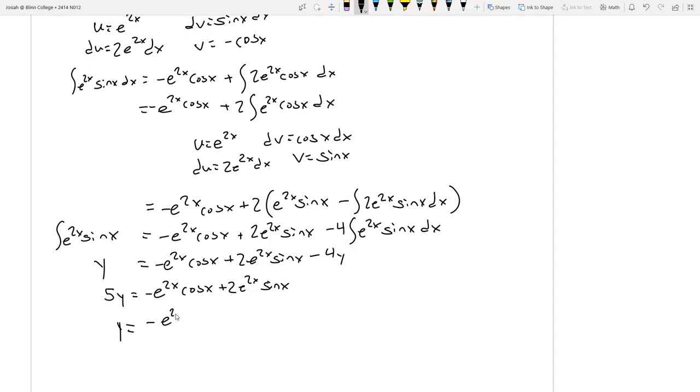So e to the 2x over 5 cosine of x plus 2/5 e to the 2x sine of x. I'll go ahead and swap the order. I like having the positive first. e to the 2x sine of x minus, let's call it 1/5 e to the 2x cosine of x, just for consistency's sake.